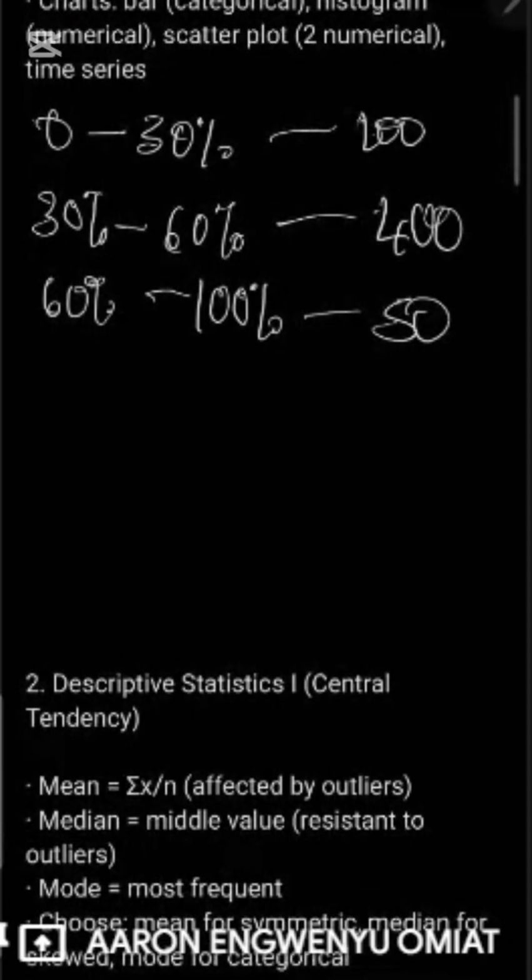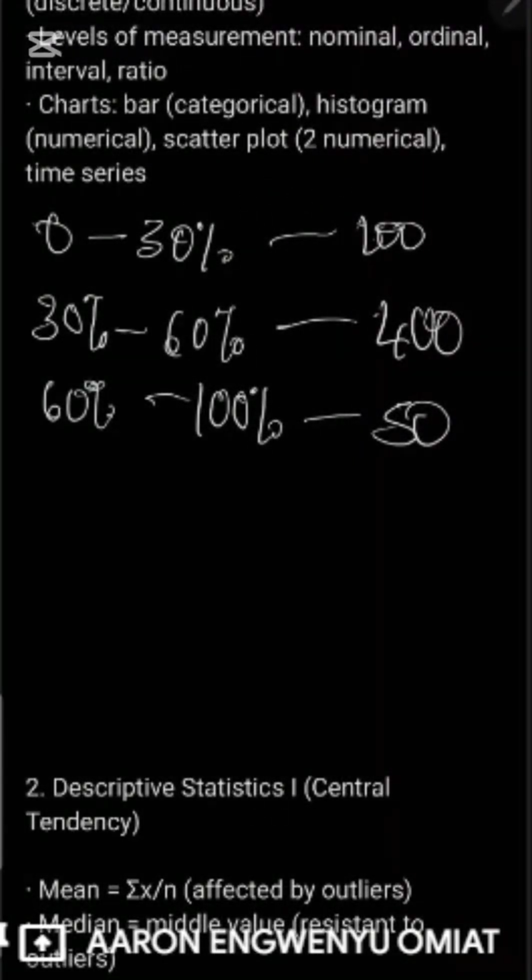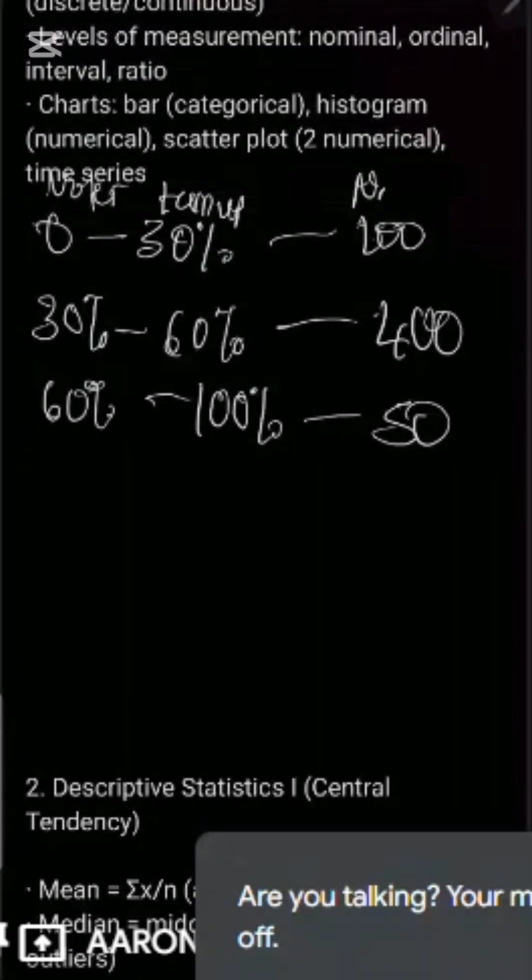And we want to plot this data. You realize that these are two forms of numerical data. We have voter turnout for the elections, then we have number of polling stations.